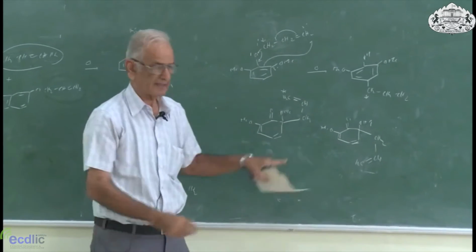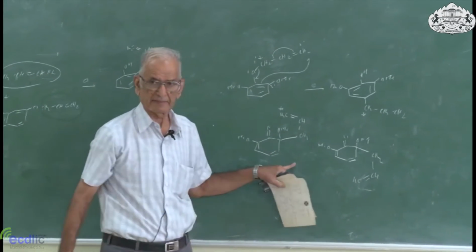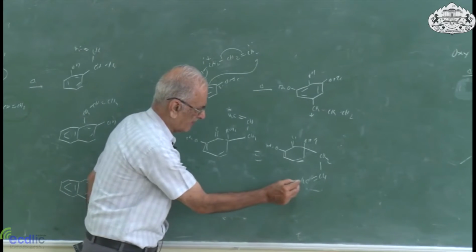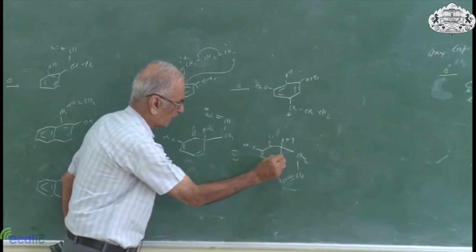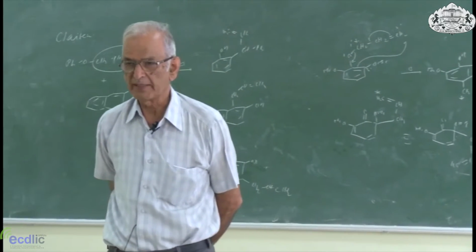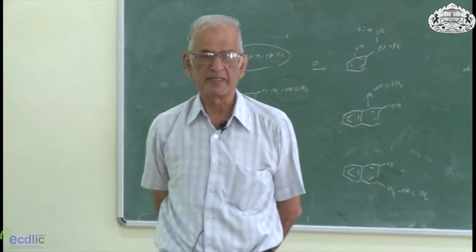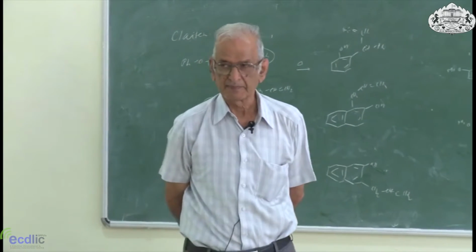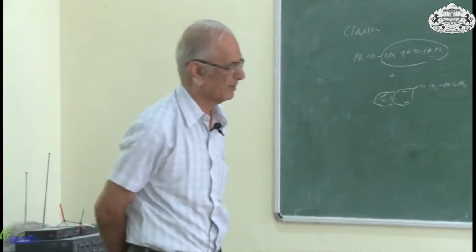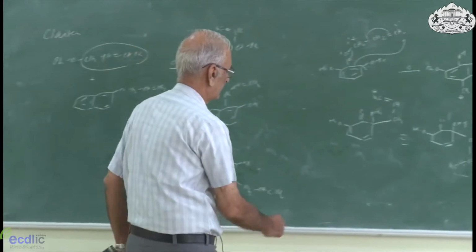I simply wrote this, just twisted it like this. Now, this is 1, 2, 3, 4, 5. This 1,5-diene is going to undergo Cope rearrangement. Both Claisen and Cope are examples of 3,3 sigmatropic reactions.